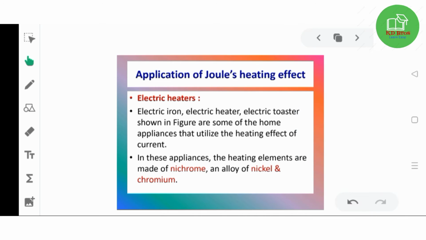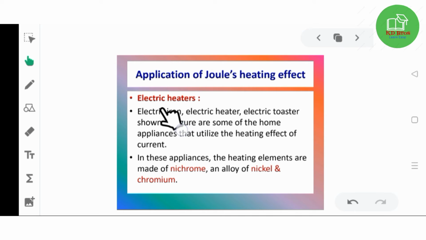Next, applications of Joule's heating effect. First one, electric heaters. The electric iron, electric heater and electric toaster shown in the figure are some of the home appliances that utilize the heating effect of current. In these appliances, the heating elements are made of nichrome, an alloy of nickel and chromium.